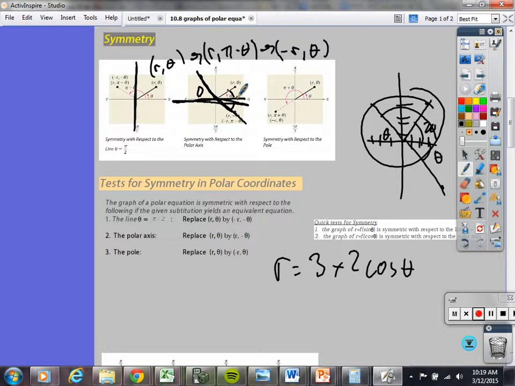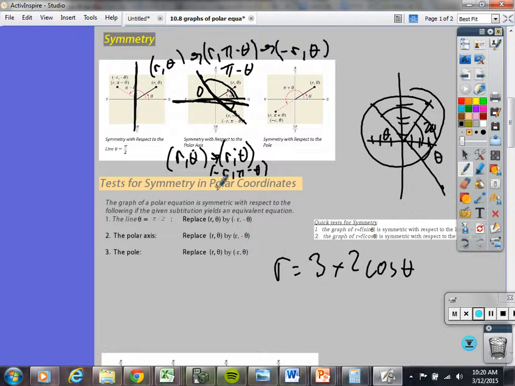So obviously going here would be pi minus theta. But that would have to be negative r to get you over to this side, correct? So here's this one. It's r comma theta. To show symmetry, you're either going to do r comma negative theta, or negative r comma pi minus theta. So those are your two ways.